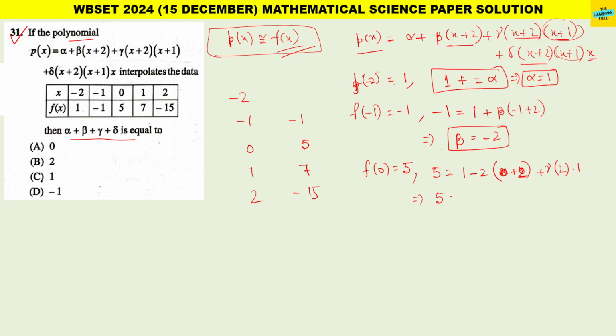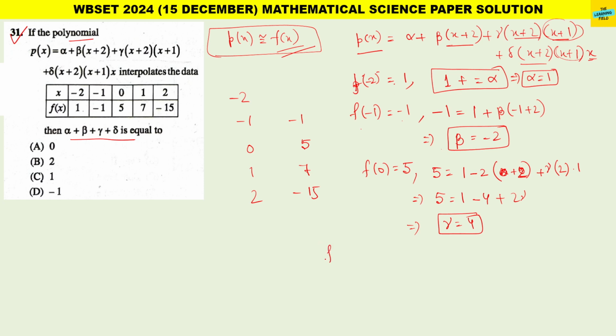This implies 5 equal to 1 minus 4 plus 2 gamma. So 5 minus 1 is 4, plus 4 is 8. So gamma equal to 4.